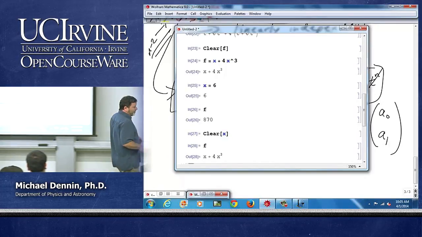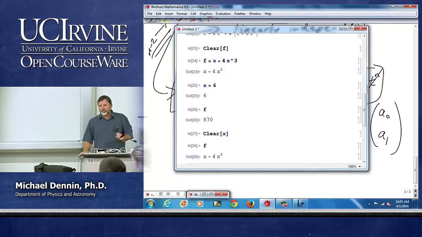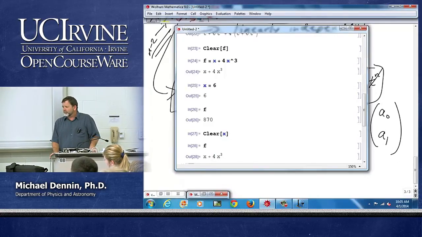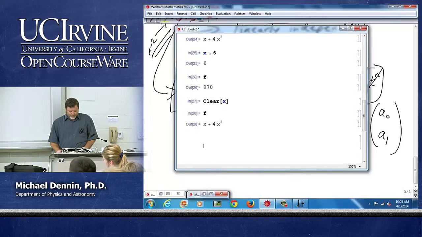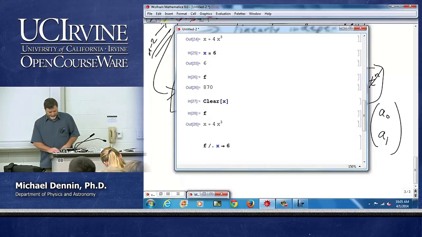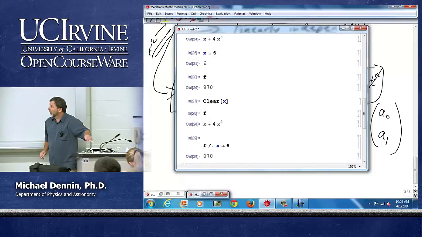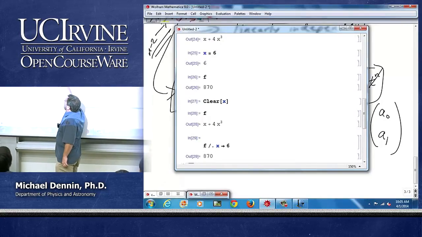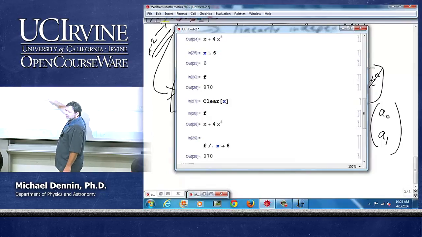A better way to do this, and this is unique to Mathematica pretty much, and is critical for you to learn, is replacement rules. So now if I do f slash dot x goes to 6. Notice what it's done. I've got the same answer as when I let x equal 6: 870.